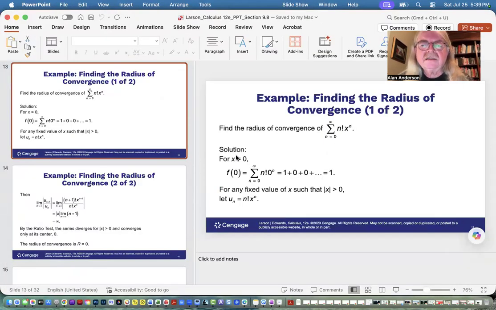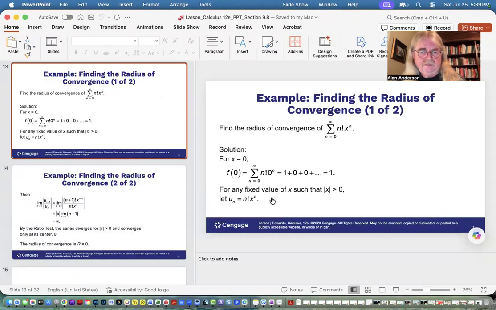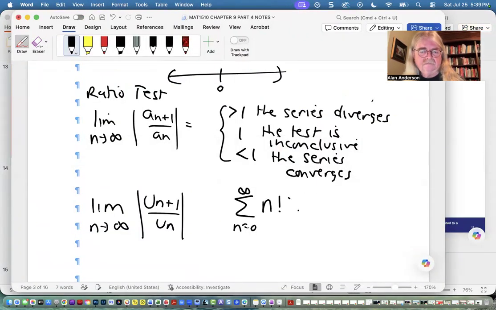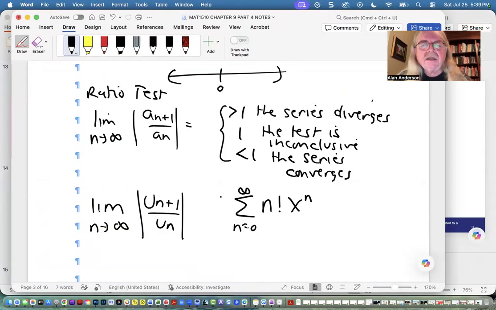And for that last example, what we're trying to do here is rewrite the entire expression as u to the n.